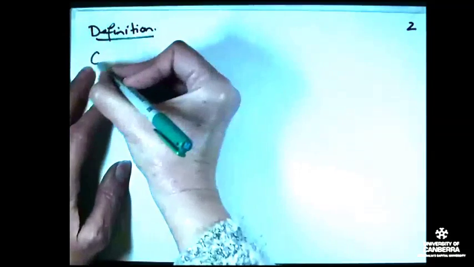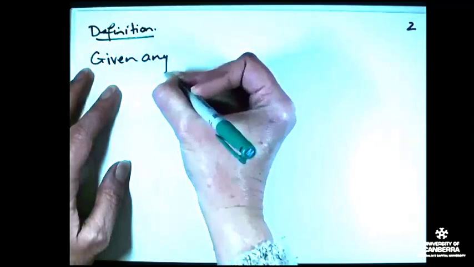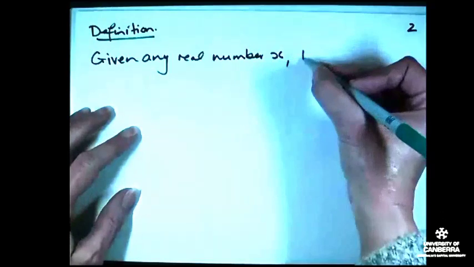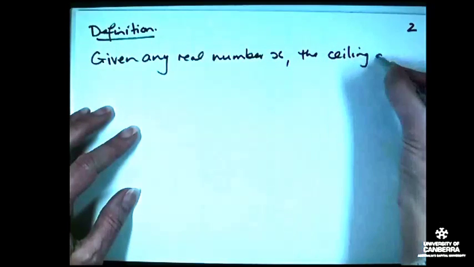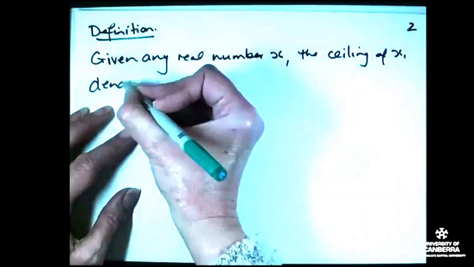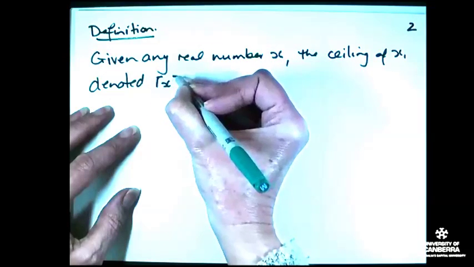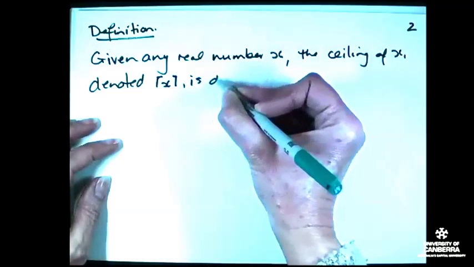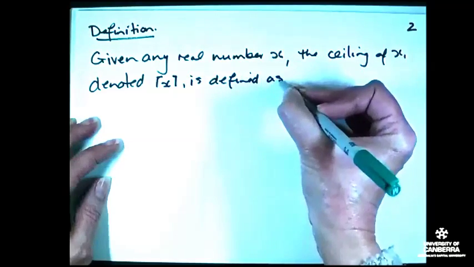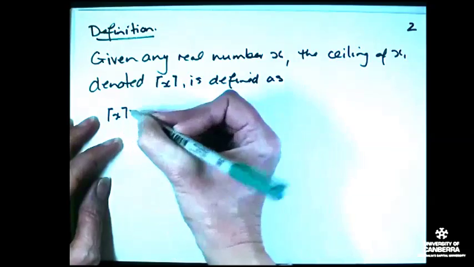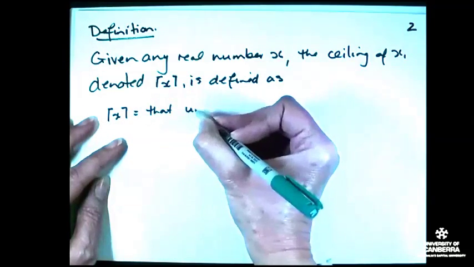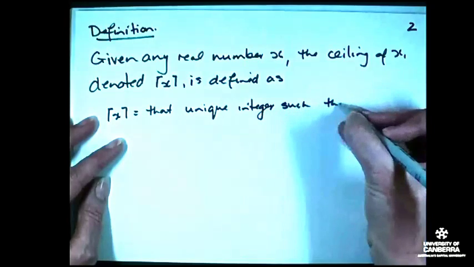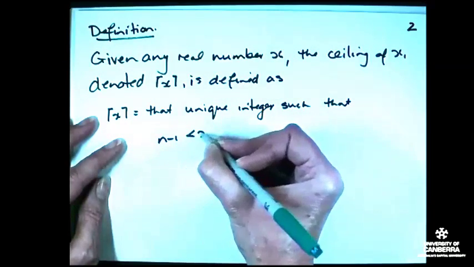Given any real number x, the ceiling of x, and that is denoted with the little ceiling parts here, is defined as equals that unique integer n such that n minus 1 is less than x is less than or equal to n.